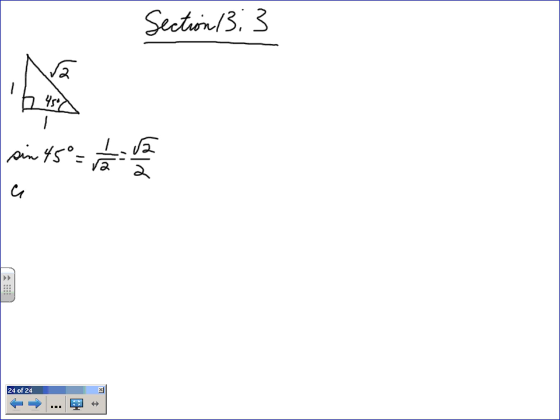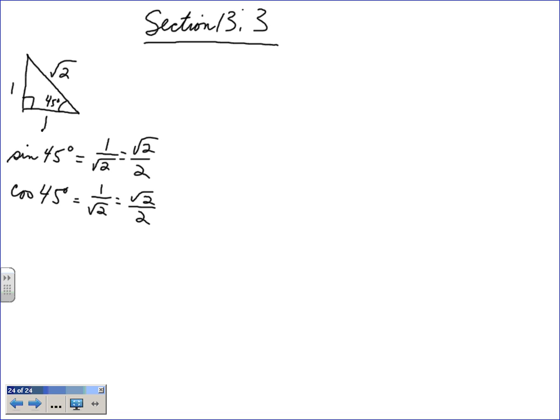And what is the cosine of 45 degrees? Well, adjacent over hypotenuse, isn't that the same thing? Which is 1 over square root of 2, which is square root of 2 over 2. So the sine of 45 degrees is the same as the cosine of 45 degrees, square root of 2 over 2. That's an exact answer.